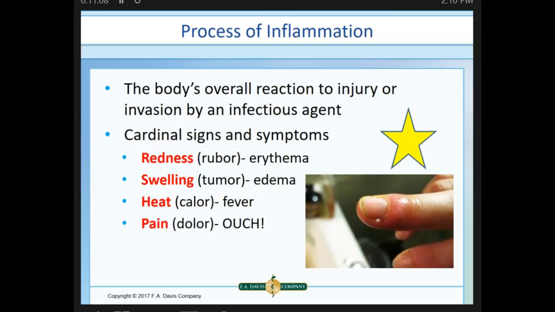And so you've probably learned in chemistry that one of the indicators of a chemical reaction is that heat is given off. So that's what's going on. And then pain, because hangnails are so painful. And the Latin terms are rubor, tumor, calor, and dolor, just for fun.